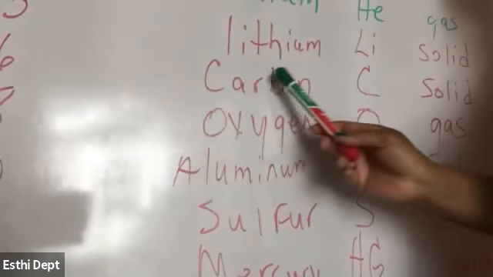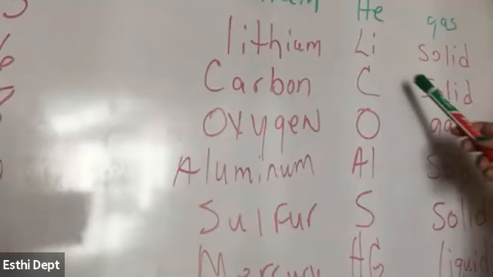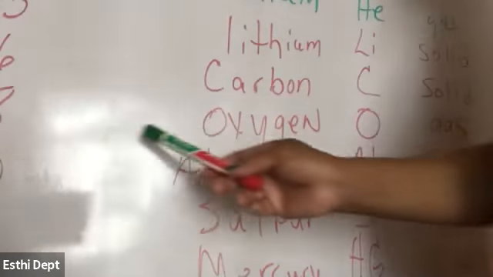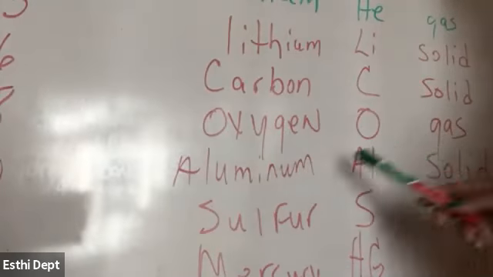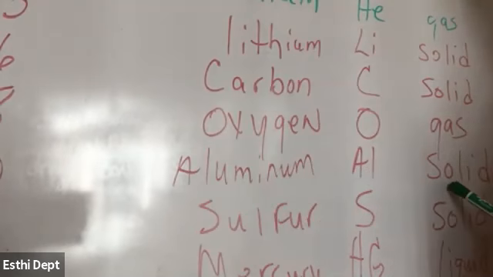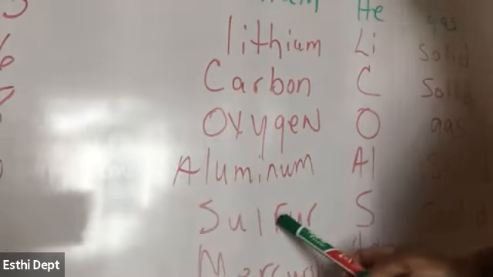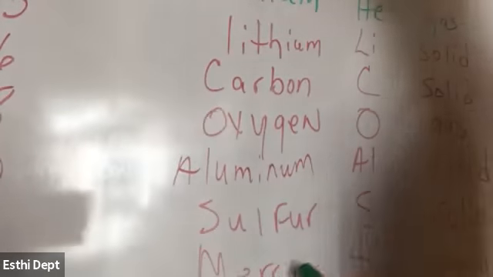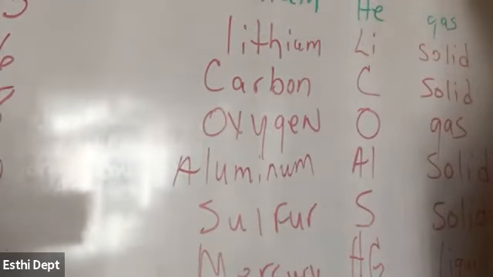Six is carbon, the symbol is C and that's a solid. Eight is oxygen, O, gas. 13 is aluminum, Al is the symbol and it's a solid. 16 is sulfur, the symbol is S and it's a solid. And 80 is mercury, Hg, and it's a liquid.